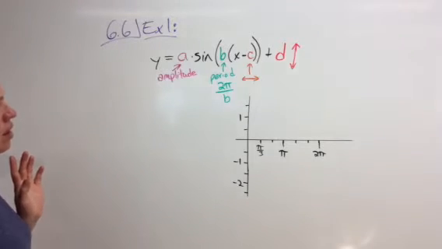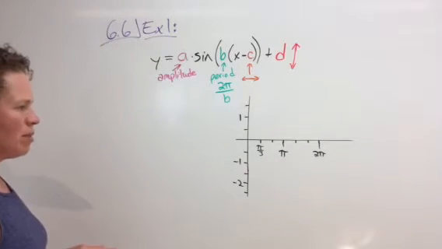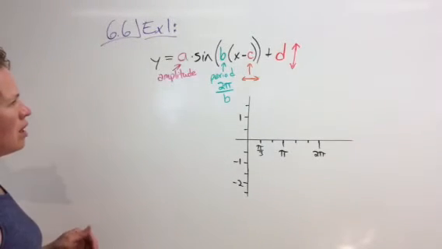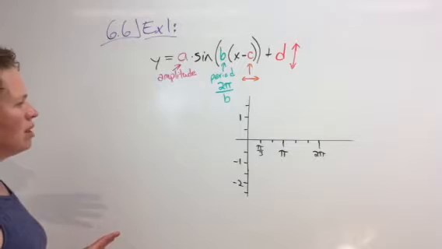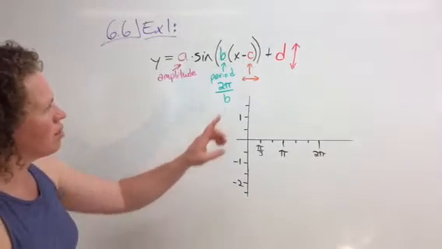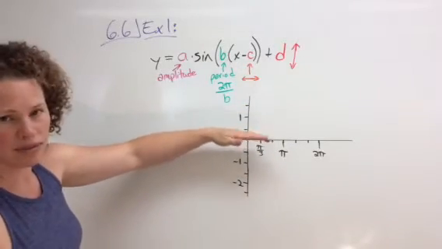Now, because a sine wave is so very specific in its shape, there's a couple of things that we can rely on. We can rely on the fact that I can apply this to the midline of the graph.